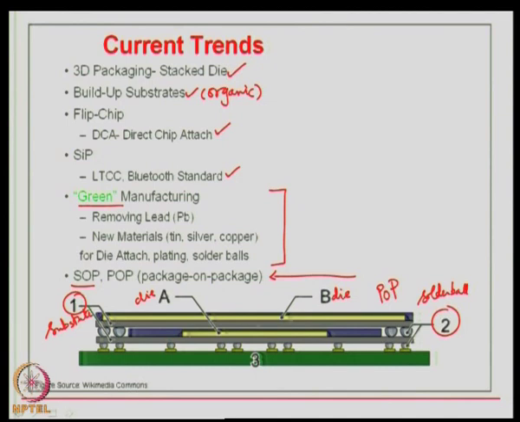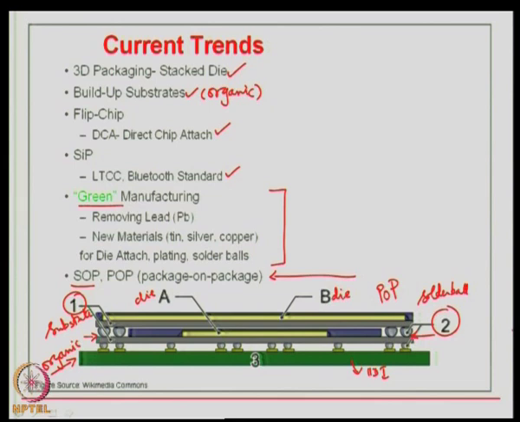The package B is actually mounted on package A. That means, package A should contain provision for assembling package B on top of it by a solder ball connection, and this second solder ball grid from the package A is mounted onto an organic substrate. So, this organic substrate again will be a high density interconnect, and this is known as package on package.